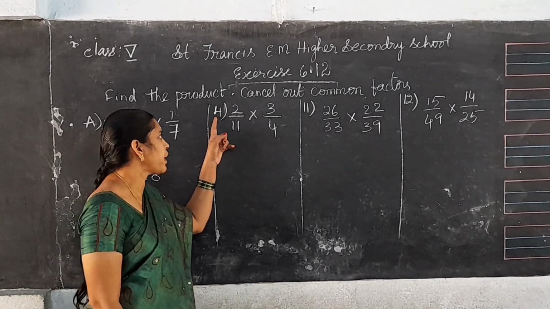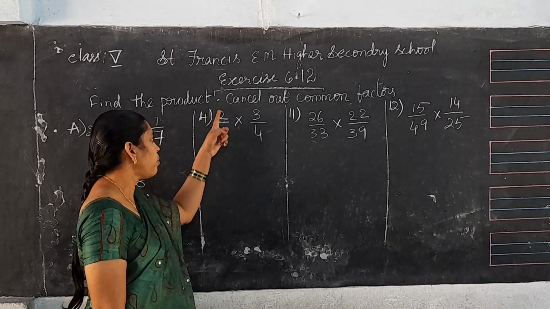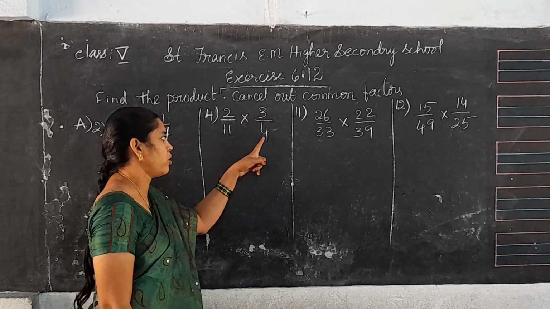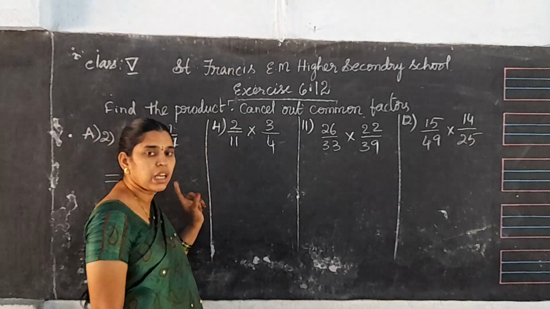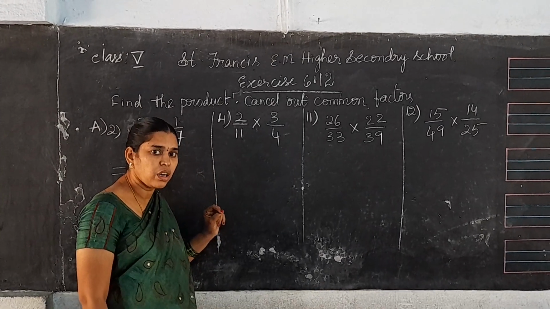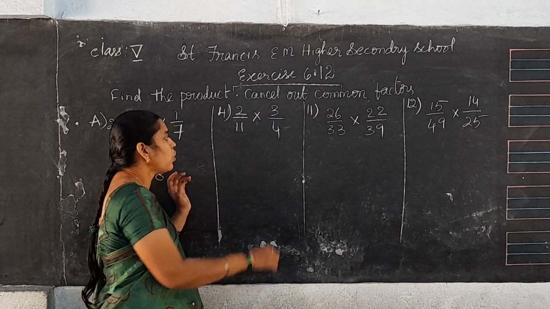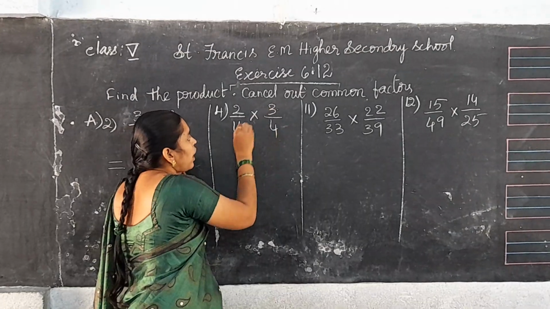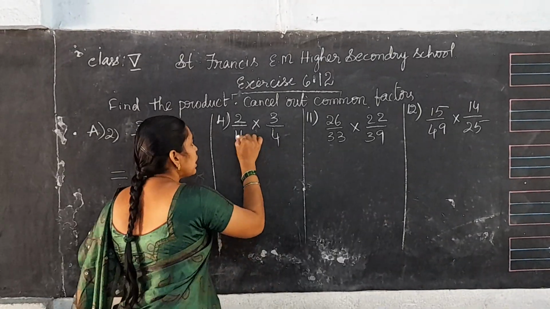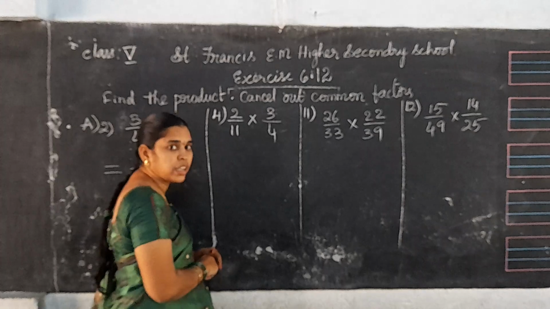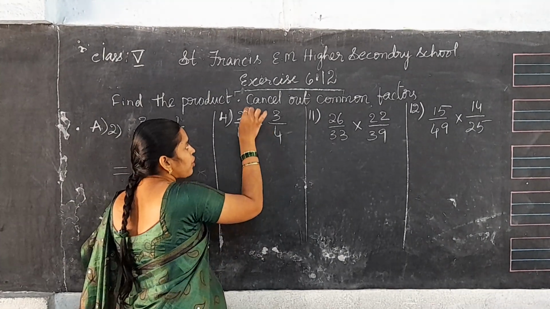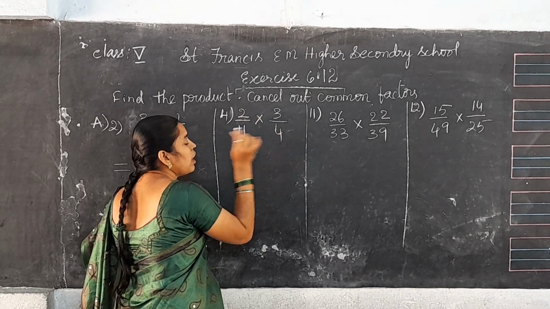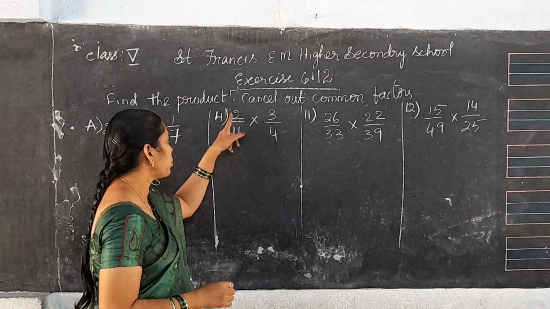Now, I am going to explain the fourth one. 2 by 11 into 3 by 4. First fraction you see. In these two numbers, any common factor except 1? No. Then you compare second numerator and first denominator. In these two numbers, any common factor? No. So, now you compare first numerator and second denominator. 2, 4.